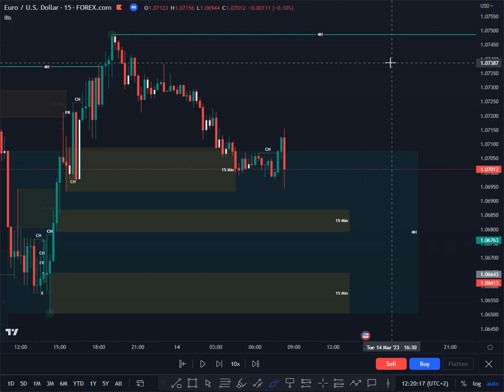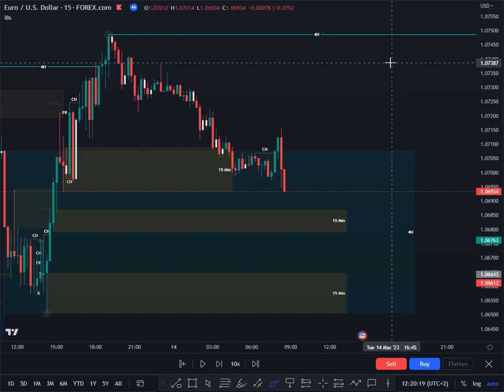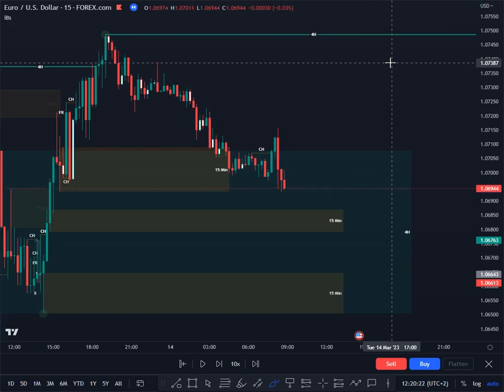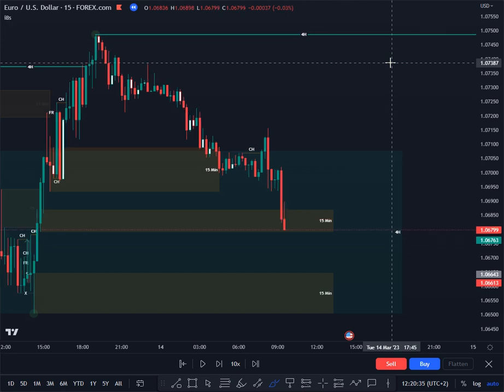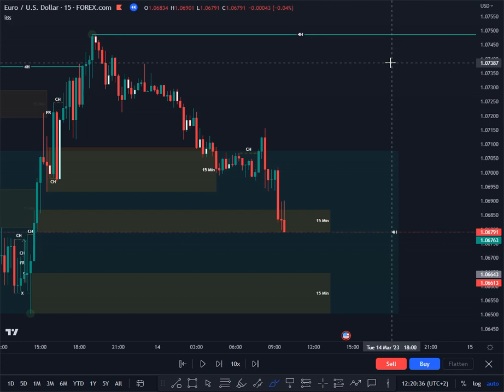Right, we're only looking to catch longs at the moment, but we're going to wait for the M15 to give us the necessary confirmation. So we tap into the next zone, the next M15 zone, refined within the 4-hour, and let's see what price does. Right, we're starting to see that bullish pressure come in.